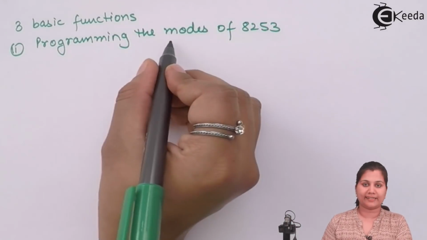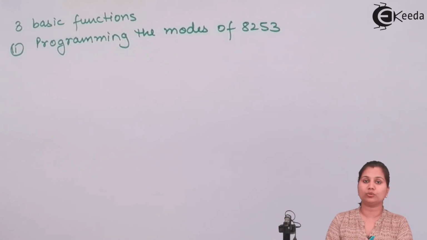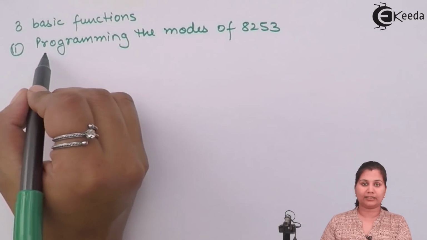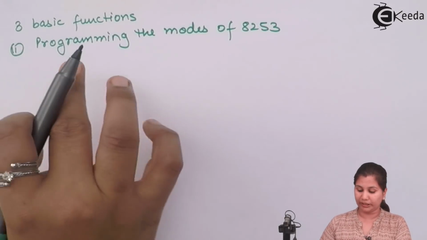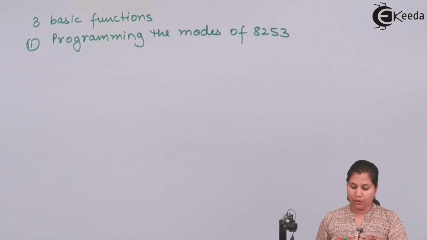Because the modes are decided by the control word, and the control word is provided by the microprocessor. So the microprocessor is going to write the control word through the data bus buffer into the control register. So indirectly we can say that the data bus buffer is controlling the programming of the modes of 8253.